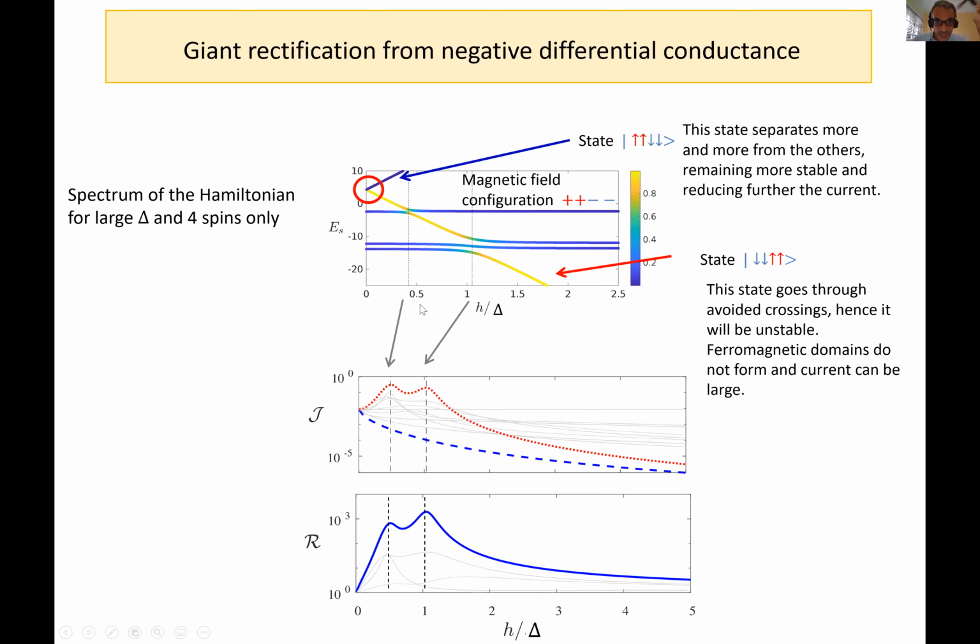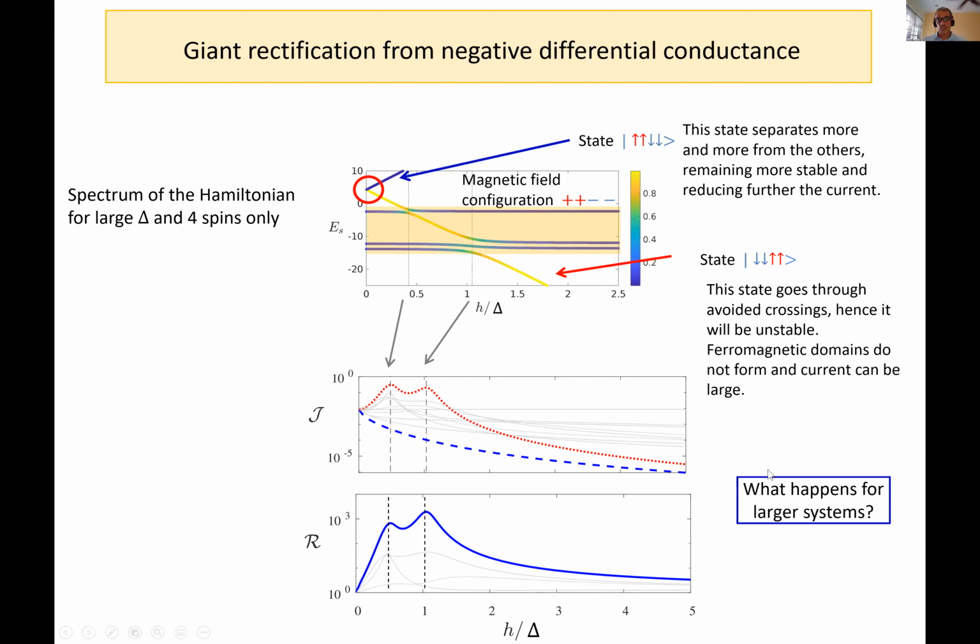And it's exactly at these crossings that, if we look at the forward bias current, we see two major peaks in the current. If you look at the reverse bias, the current doesn't see anything, because there is no crossing that this state will go across. And if we look at the rectification, exactly at these points of the maximum, we see these peaks in the rectification.